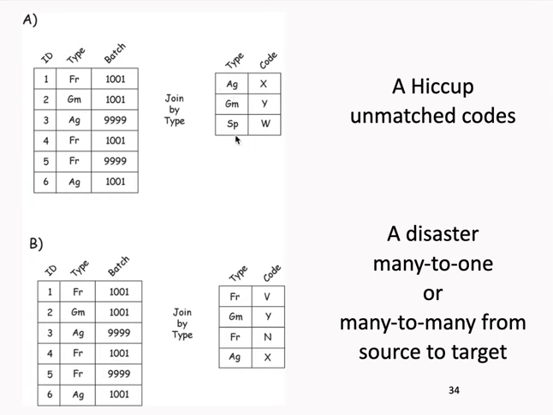Right, so I'm not going to get this W code in one kind of join, that inner join I talked about, and in an outer join, I will. So you have to be careful and know in your processing whether your system is set up, or you can set an option to get the inner or outer join to give you the results you want, the results that your analysis needs.